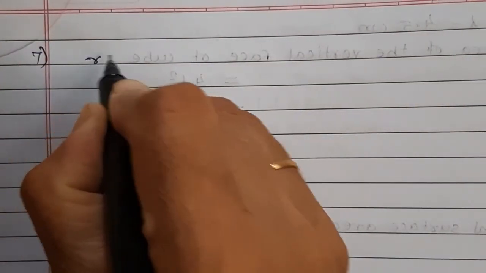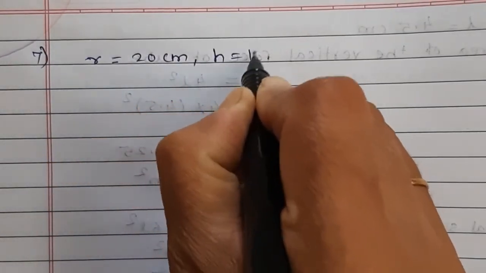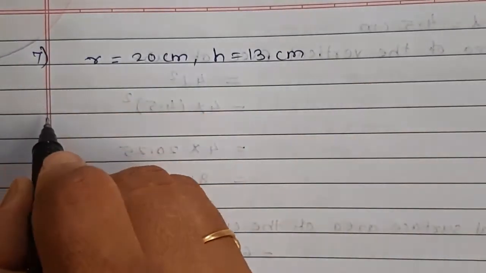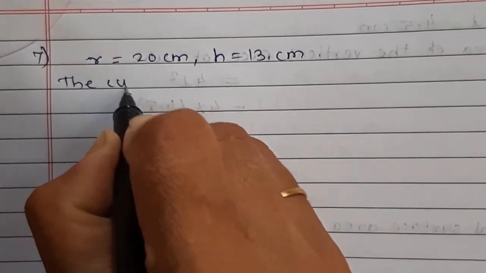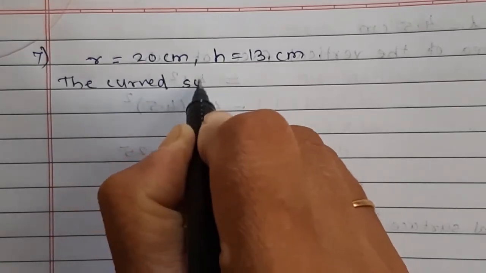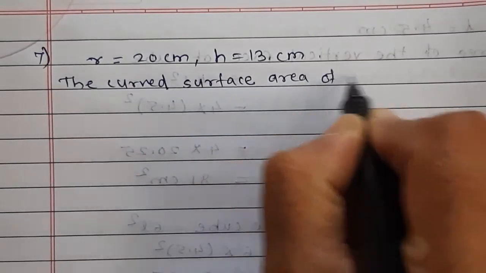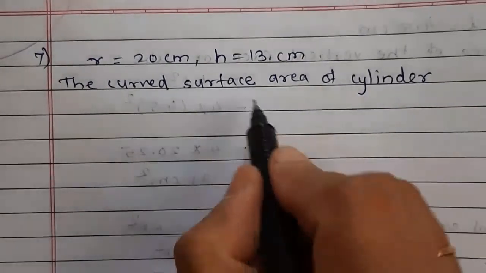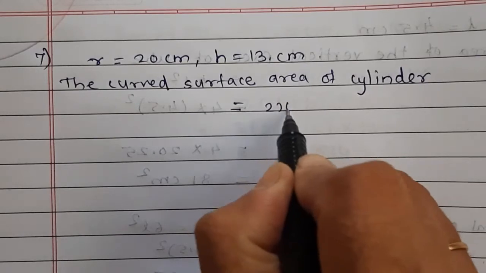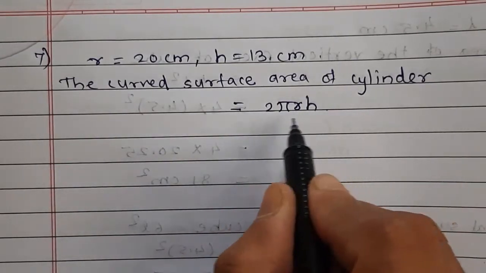Radius R is given 20 centimeter, height is 13 centimeter. Now we have to find the curved surface area. So the curved surface area of cylinder equals 2 pi RH. Okay, this is the formula.